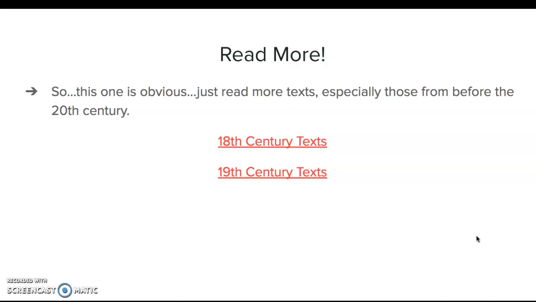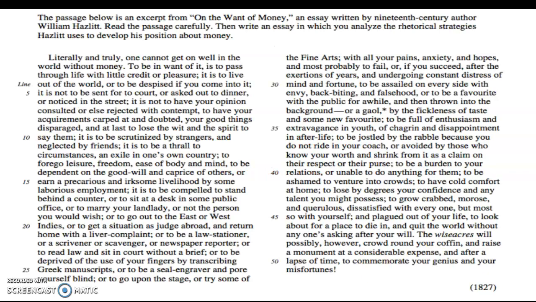You can click by author and click on the text. The second one is more of a list of authors, and you'd have to click a little bit more to get to the text, or you could just search one of those authors' names on Google and see if you can find something. But the more you read, the better you are at understanding what you are reading, regardless of the century that it comes from.